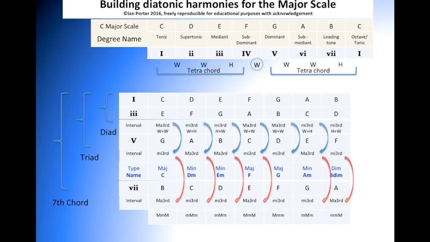Based on these combinations, we end up with our chords that we're really familiar with as sevenths. We have major sevenths in the first and fourth degree above C and F. We have minors for D, E, and A minor seventh. And then the fifth, we have G7. The fifth is also known as the dominant. This is how you get the name dominant seventh.